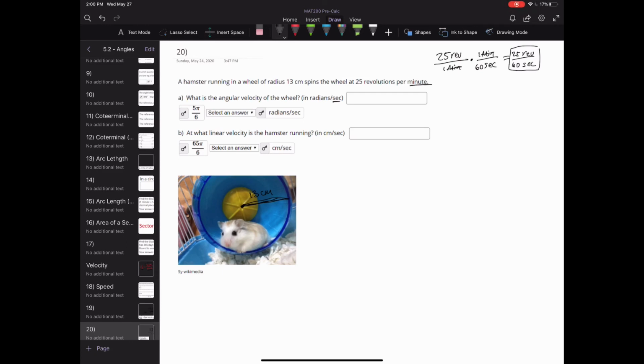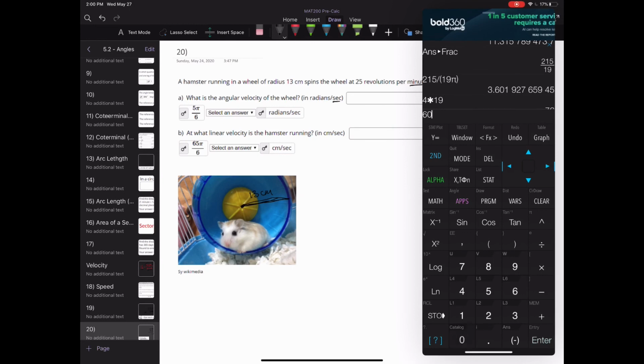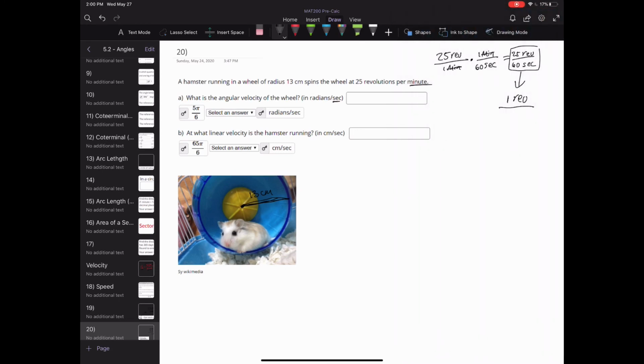What is the angular velocity? Okay, but what I will need is how many seconds in 1 revolution. So divide the top and bottom by 25. So just divide 60 by 25. We get 2.4. And let's change that to a fraction. 12 over 5. So it's 12 over 5 seconds.